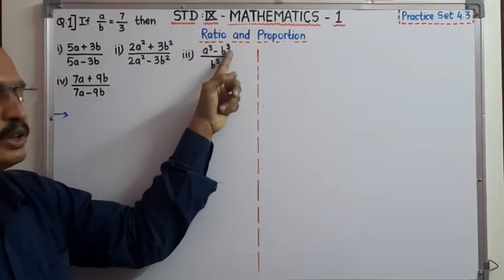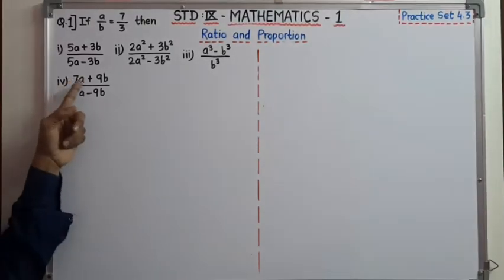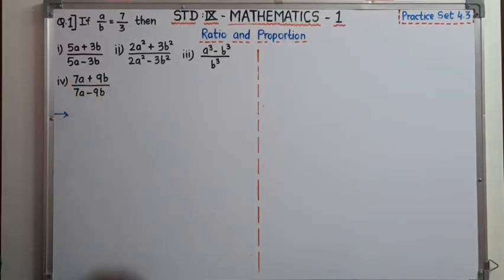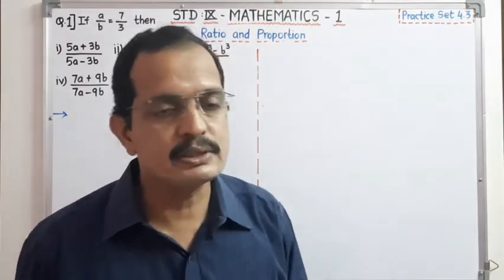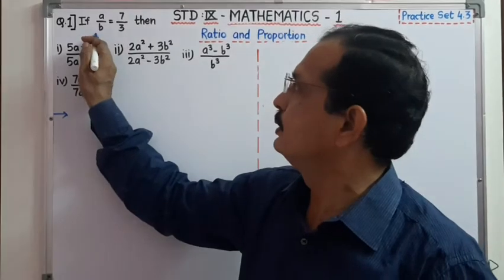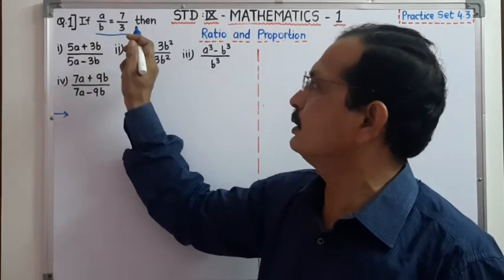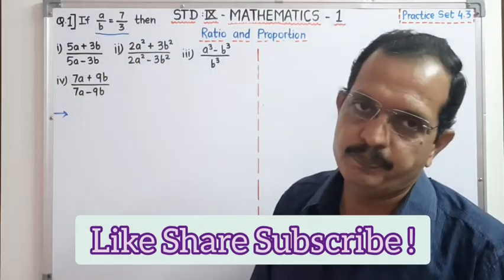Third is (a cube minus b cube) upon b cube. And (7a plus 9b) upon (7a minus 9b). Dear student, it is very simple. Now, what is given? These two ratios are equal. First one is a upon b is equal to 7 upon 3.